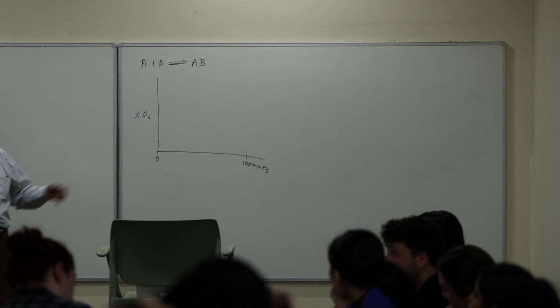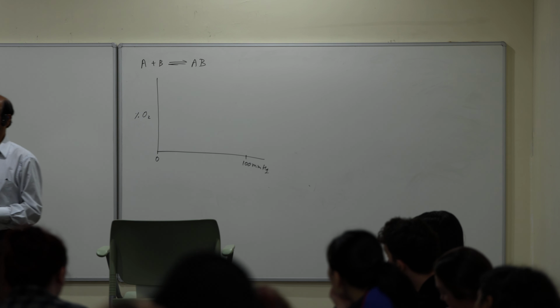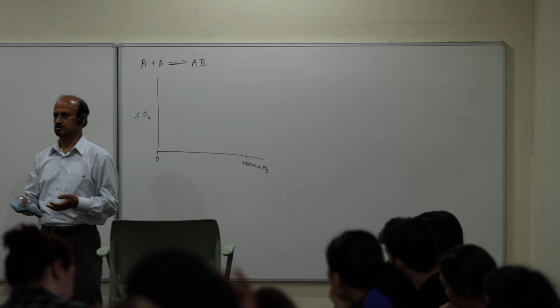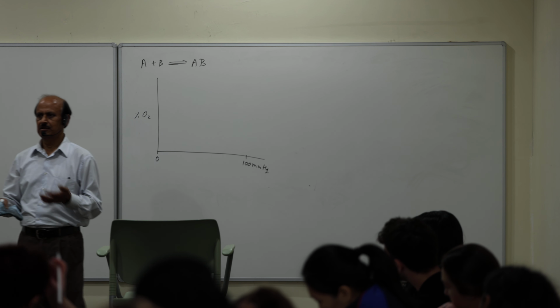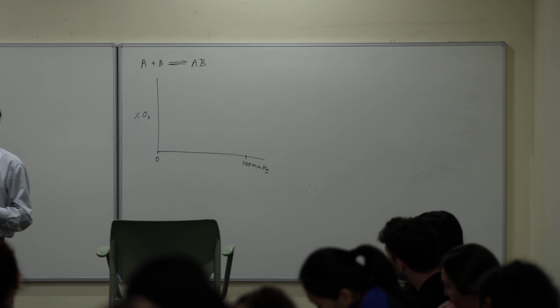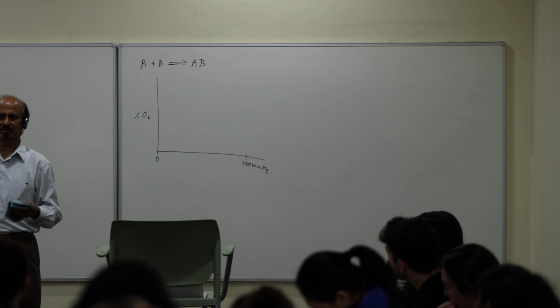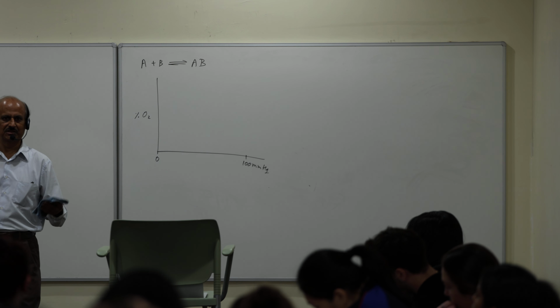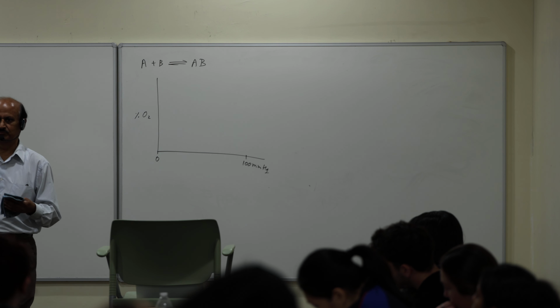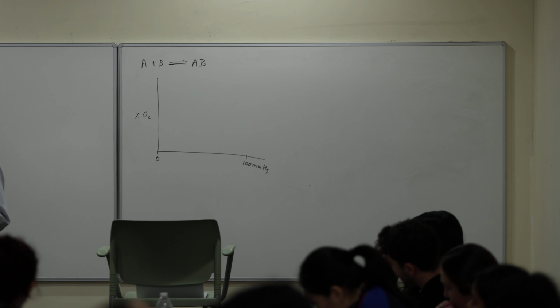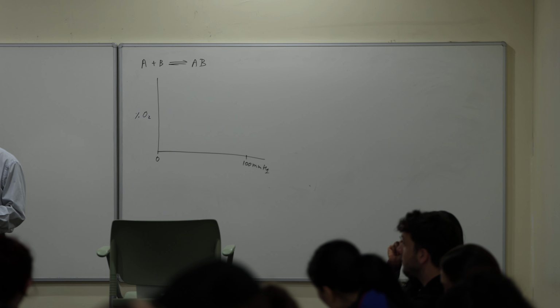So it should be 150, but 100 is the partial pressure of oxygen in the lungs. Why is that? Because the concentration of oxygen in the lungs is not exactly the same as in the air, because in the lungs you have a lot of carbon dioxide. That's the whole purpose of breathing, you are breathing out carbon dioxide and breathing in oxygen.